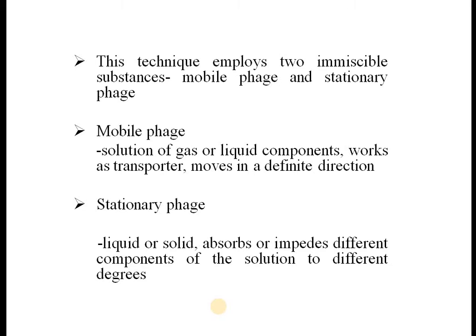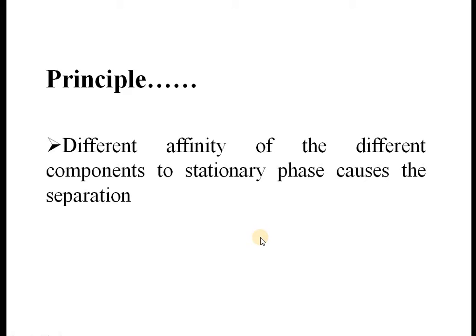Here it is written absorb, but that is a typing mistake; it is adsorb. The principle is that the different affinity of the different components to the stationary phase causes the separation.